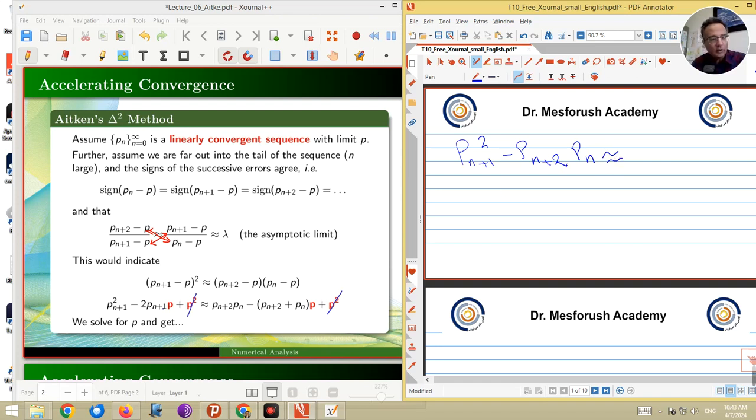This is almost equal, and move this one to the right hand side, to get Pn+2 plus Pn plus 2 Pn+1 times P. From this we get P is equal to the left hand side as a numerator, Pn+1 squared minus Pn+2 times Pn over, and here we will get Pn+2 plus 2Pn+1 plus Pn.